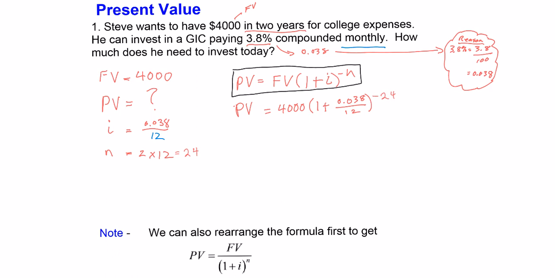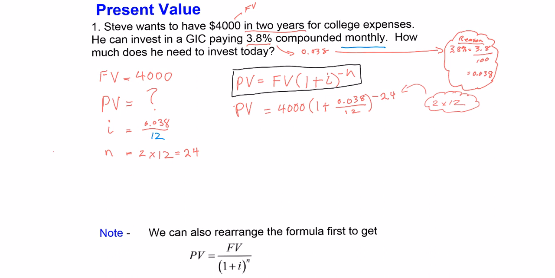So 24 months have passed, essentially. So remember, just like before, the I value is just the adjusted rate depending on the type of compounding. Monthly is 12, so that's why we have 0.038 divided by 12. And N is negative 24, and we have negative 24 here because of N being 2 times 12, because it happens over 24 months. So just remember, that bracket there is 2 times 12.